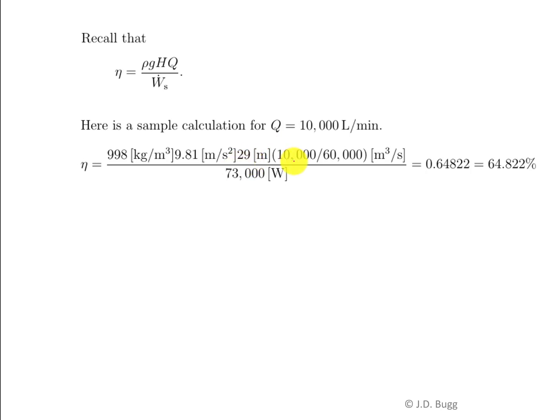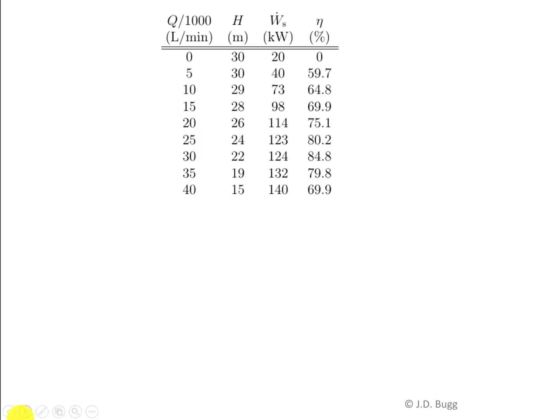Then we need to be careful to convert our liters per minute to cubic meters per second, so we divide by 60,000. And our brake horsepower was 73 kilowatts, so we put that in here in watts. When we do that, our efficiency will be 64.822%.